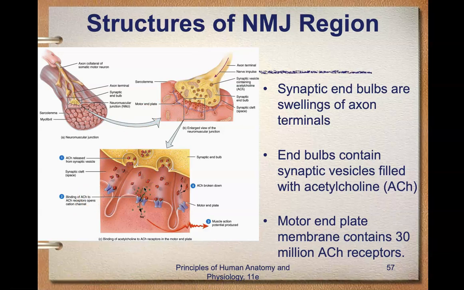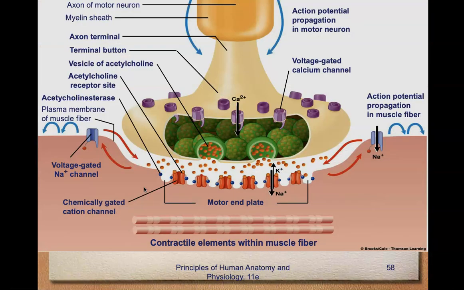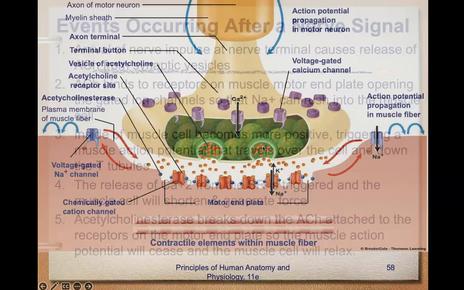So let's talk about what's actually going to happen here. This is a pretty good zoomed-in diagram. You can see all of the same things. Here's the synaptic bulb at the end of the axon terminal, and you can see all of these presynaptic vesicles with neurotransmitters, specifically acetylcholine, inside of them.